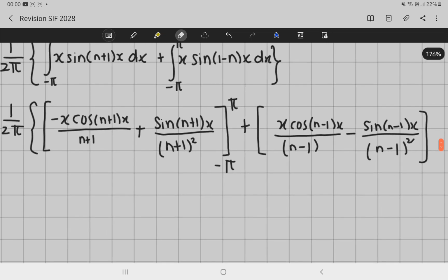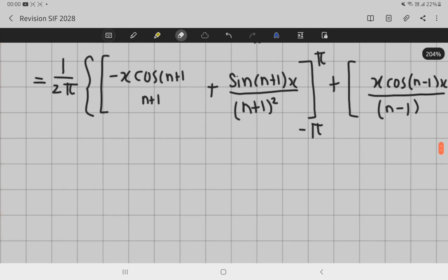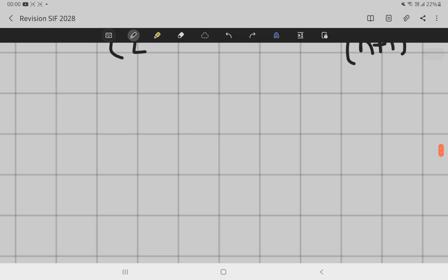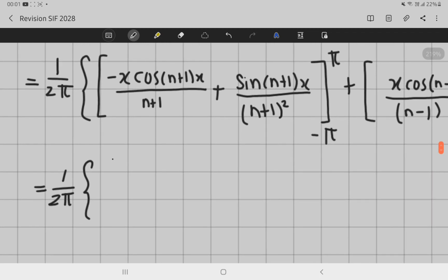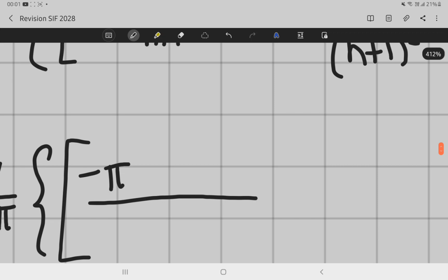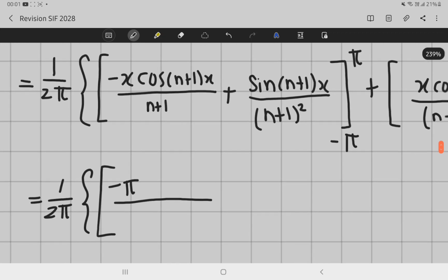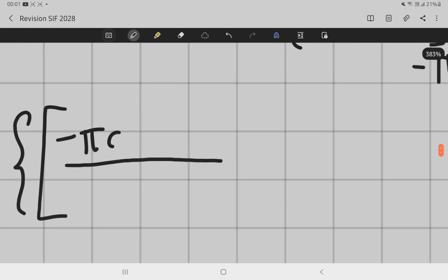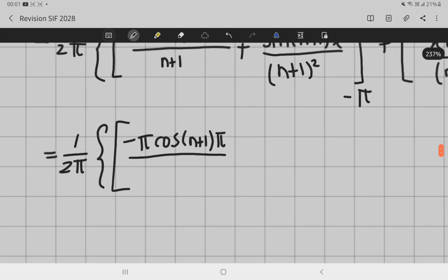Okay, so yeah, just plug in the values, so 1 by 2 pi, okay, minus pi cosine n plus 1 pi over n plus 1.